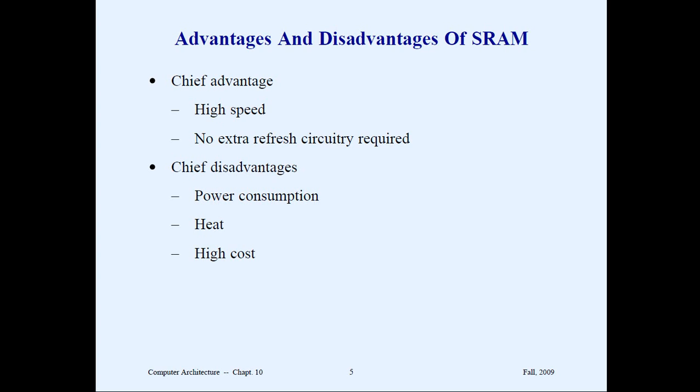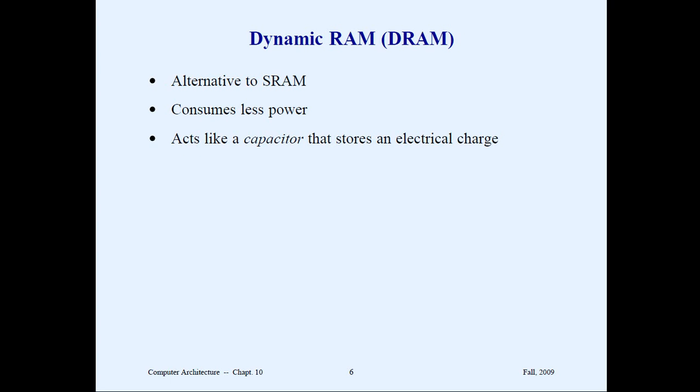Because it's always maintaining the bits, it is highly expensive for power consumption. For that reason, a lot of times, even given the complexity of DRAM, DRAM is often what's chosen. SRAM also has a high cost because it has to have circuitry that maintains those bits, a much higher cost than DRAM. So DRAM is the alternative.